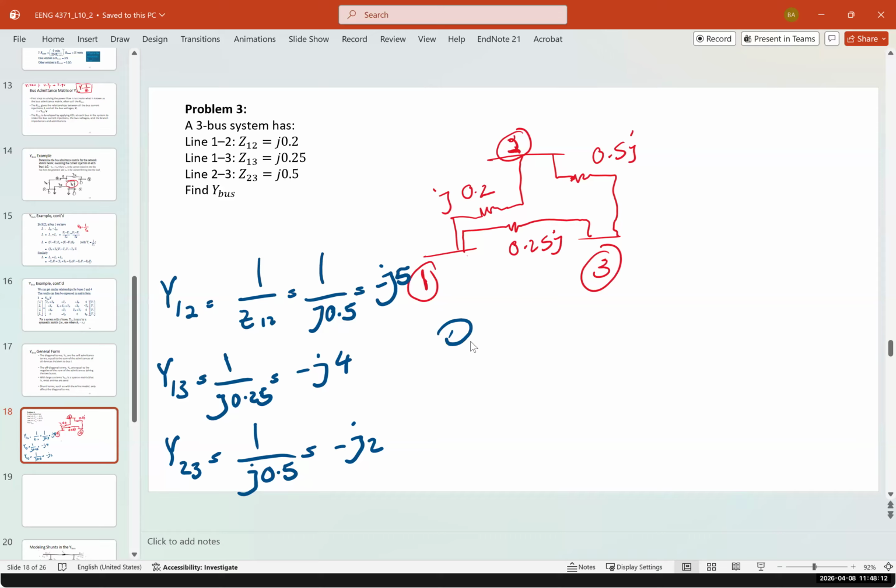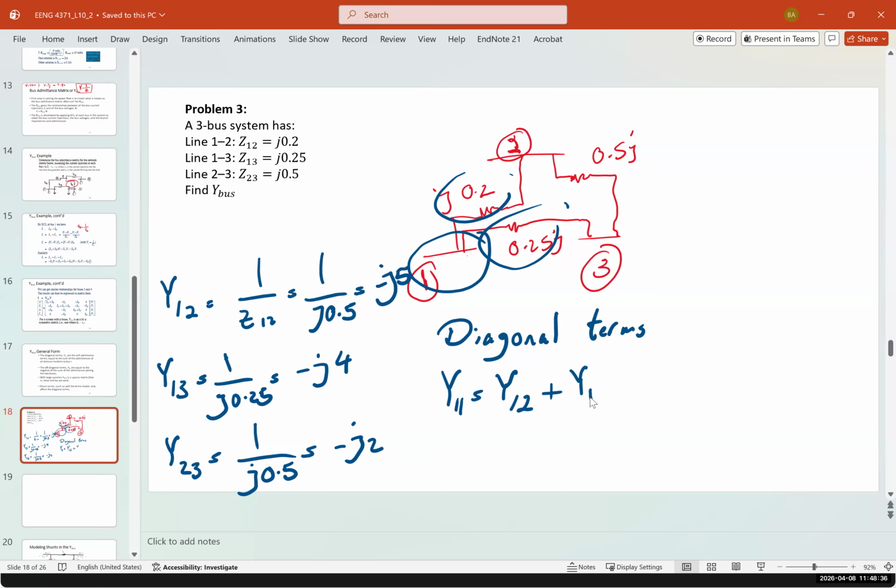Now I need to find the diagonal terms. I need to find Y11. Now Y11 is going to be the summation of the admittances connected to node number 1, which is Y12 plus Y13, negative j5 negative j4, which is negative j9.